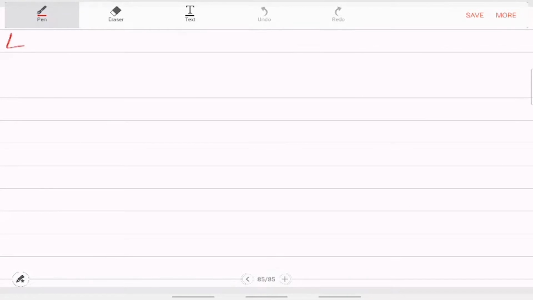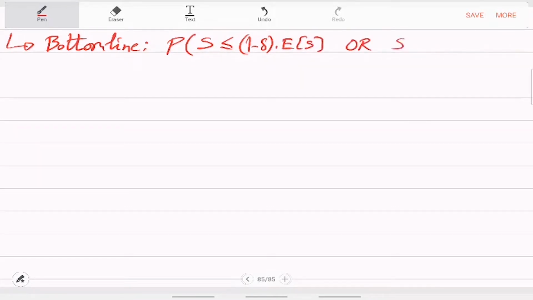What you learn is this very important phenomenon: the probability that the sum of completely independent random variables, distributed identically, being very small or very large compared to the expectation is less than some exponential in n.